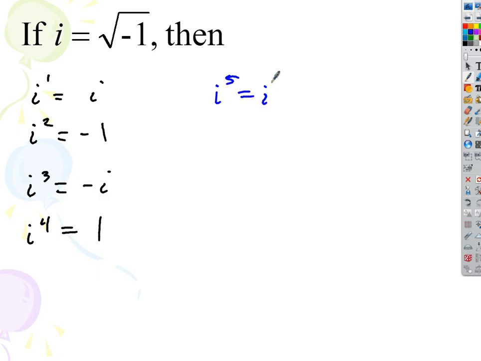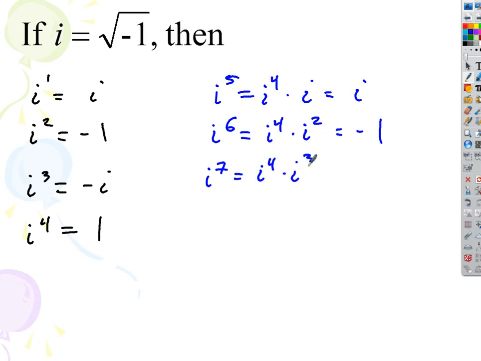i to the 5th equals i to the 4th times i. i to the 4th is 1, so that's i. i to the 6th equals i to the 4th, which is 1, times i squared. But I know what i squared is. It's negative 1. So I get negative 1. i to the 7th equals i to the 4th times i cubed. i to the 4th is 1, but I know what i cubed is.